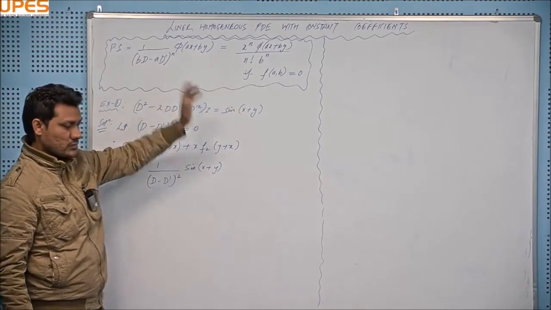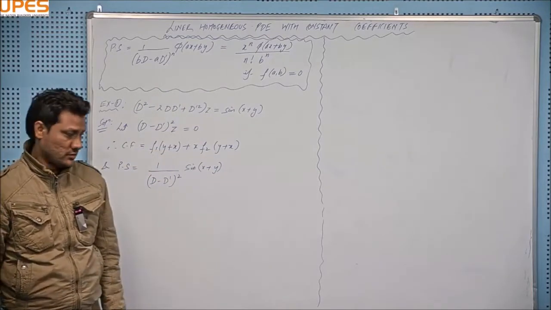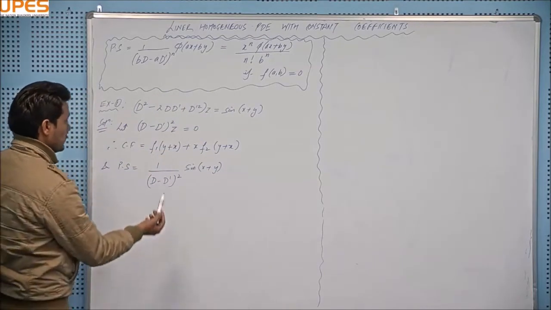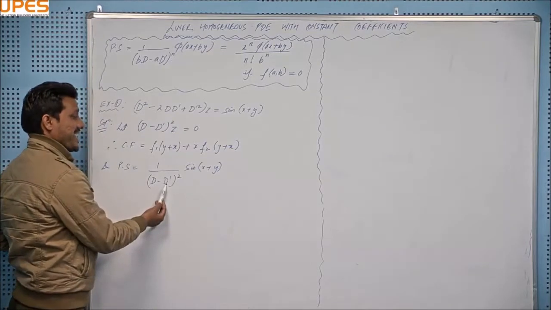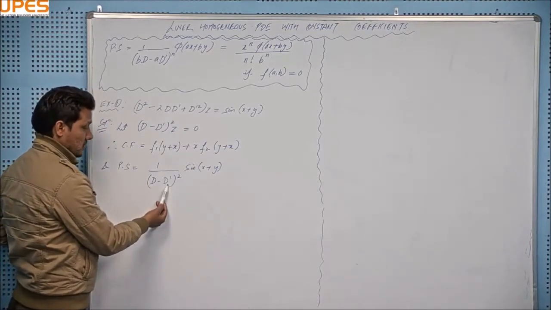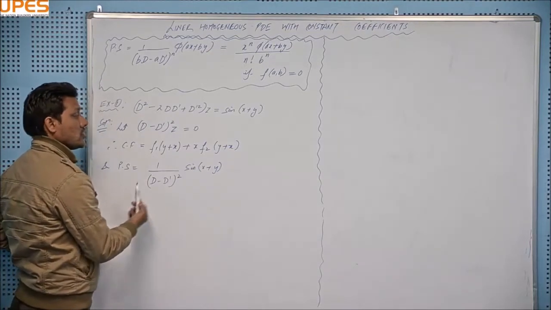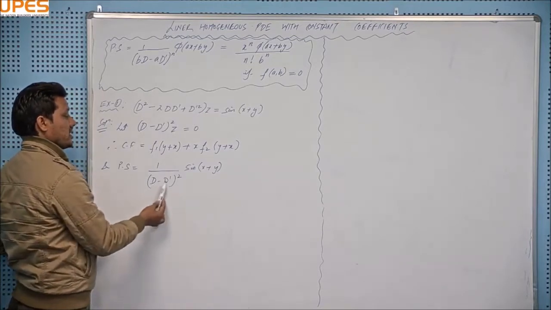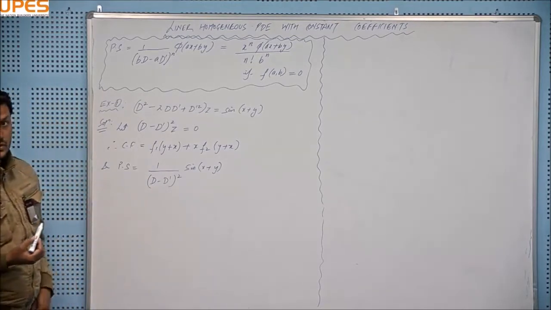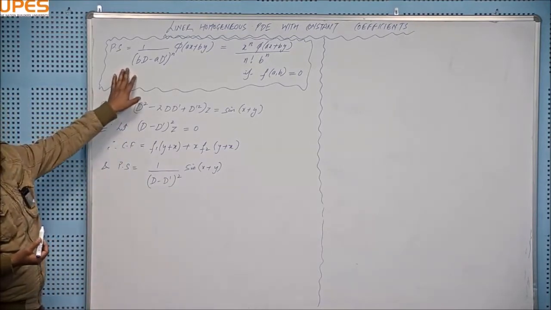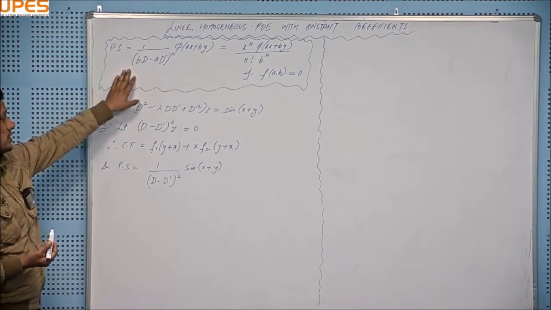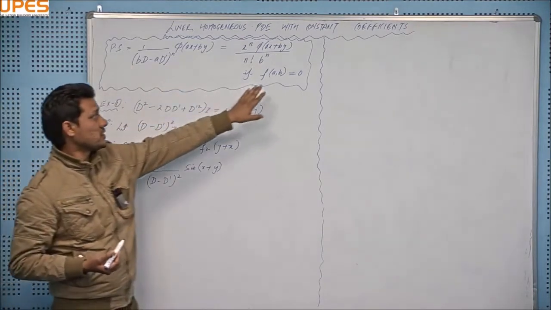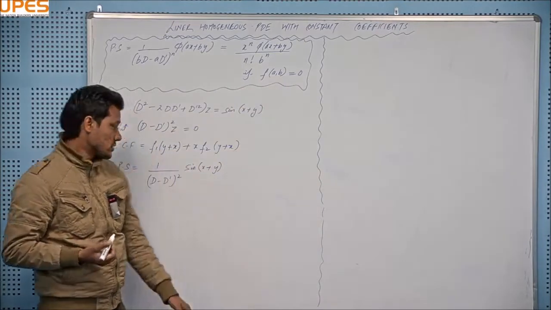As we discussed in our last videos, we substitute D equal to a and D' equal to b, but this time I will get 0 in the denominator on substituting D equal to 1 and D' equal to 1. So I have to use this formula, which shall be used for the case when the denominator goes to 0.